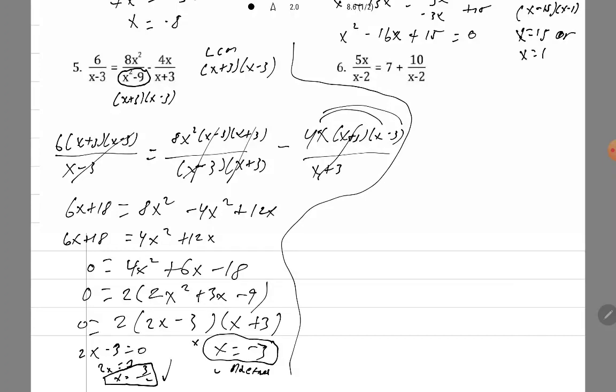All right, number 6. So remember, whole numbers, just put it over 1. Let's clean this up a little bit. There we go. LCM is, oh, that one's easy. Just x minus 2.